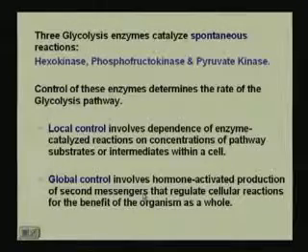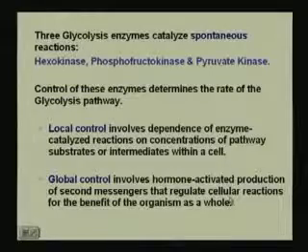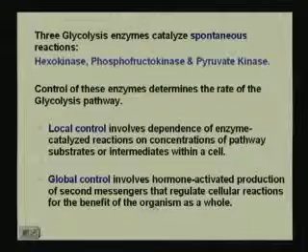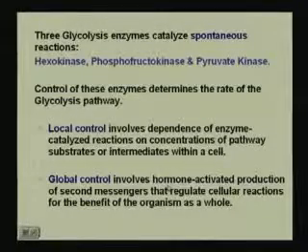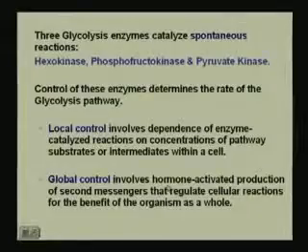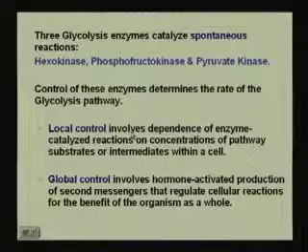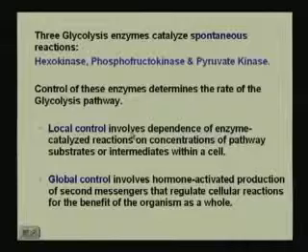These are messengers in the body that regulate cellular reactions for the benefit of the organism as a whole. This is a more global approach, working on the cell itself, preventing certain reactions from taking place altogether. But at the local level, the concentration dependencies are due to the variations in the product and the reactant.